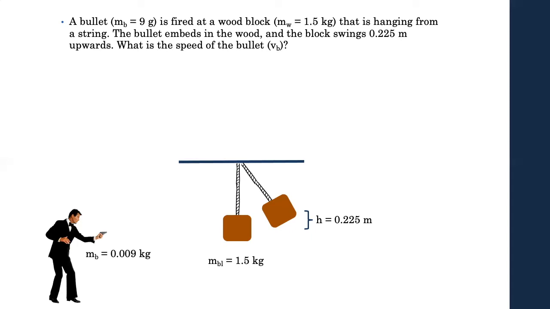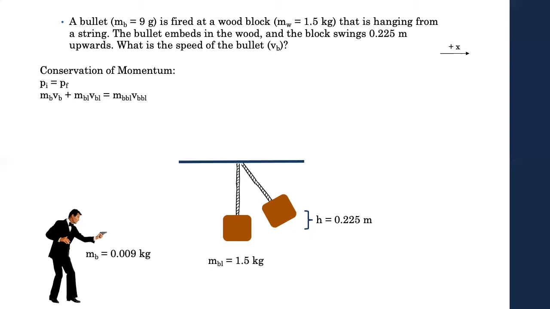So we can start by saying to the right is the positive x direction. Conservation of momentum is going to come into play, and there are a lot of confusing, tongue-twisting variables: B for bullet, BL for block, BBL for bullet and block.